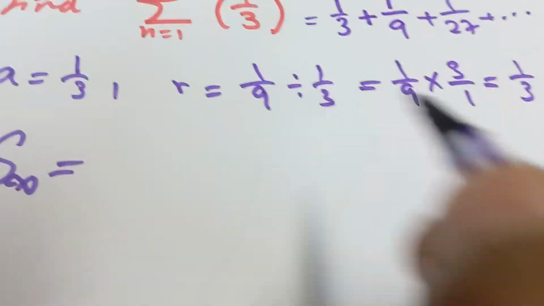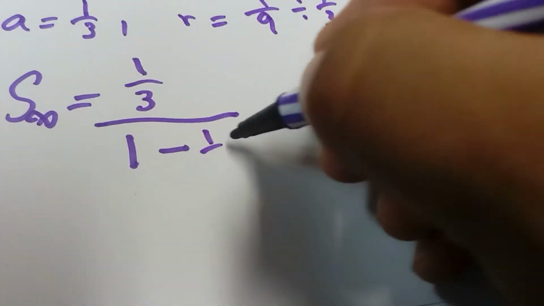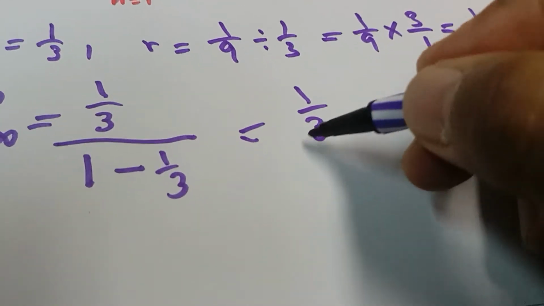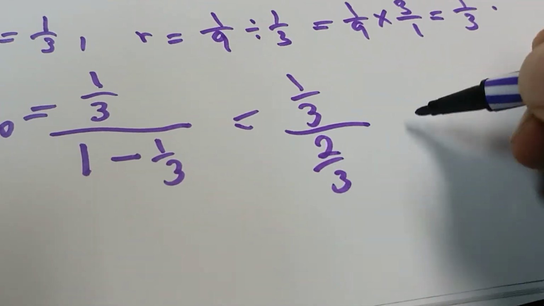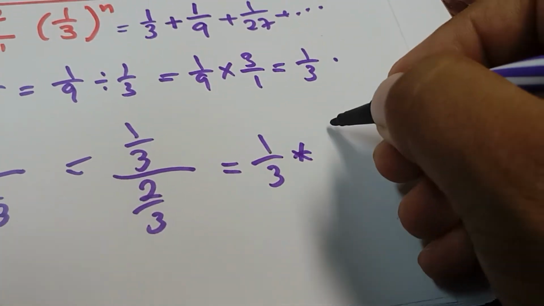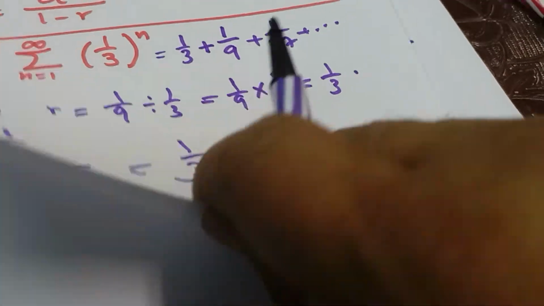And S infinity, you may write here if you wish, or just S, is A, which is 1 over 3, divided by 1 minus R, which is 1 minus 1 over 3. So that's 1 over 3 over 2 over 3, and that's 1 over 3 multiplied by 3 over 2, which is equal to a half.